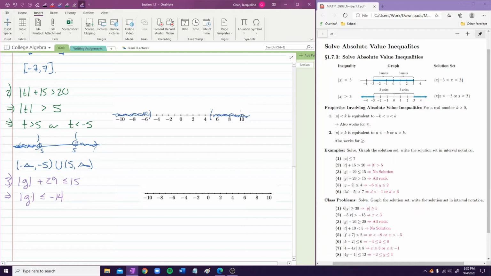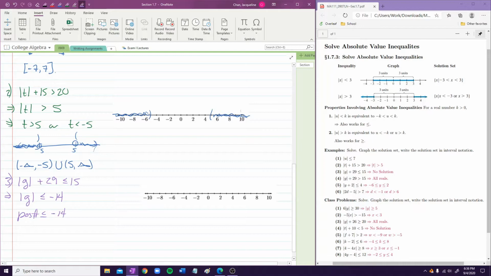So again, what is the absolute value? The absolute value is the distance. If there's nothing in it, it means the distance from 0. What is the distance? It is always positive. So absolute value of g, no matter what you plug into here, is going to be a positive number. So you have a positive number less than or equal to -14. Can this ever happen? No, it cannot.